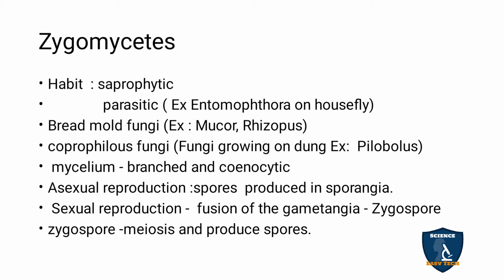On the second day, you can notice a black color layer on the idli. That is called bread mold fungi, Mucor or Rhizopus. The Rhizopus is the best example which grows on idlis and bread. Mucor also.